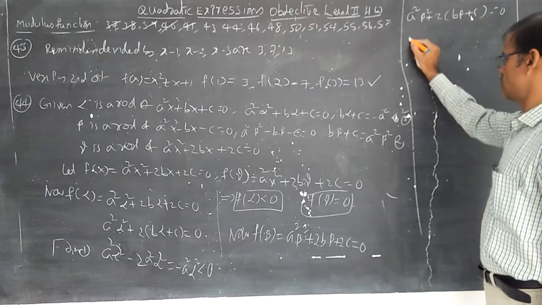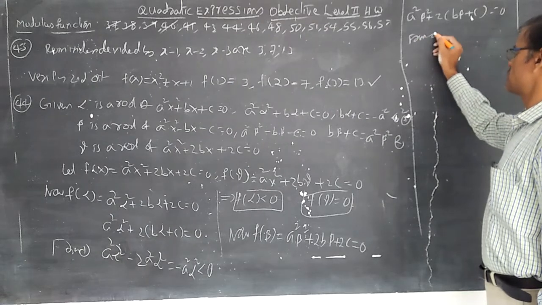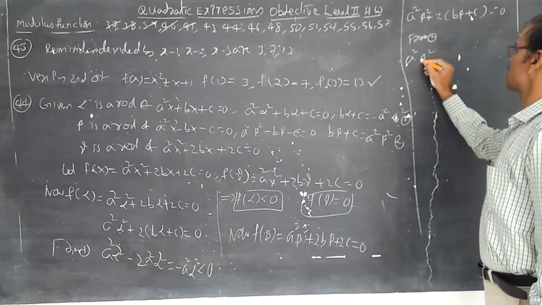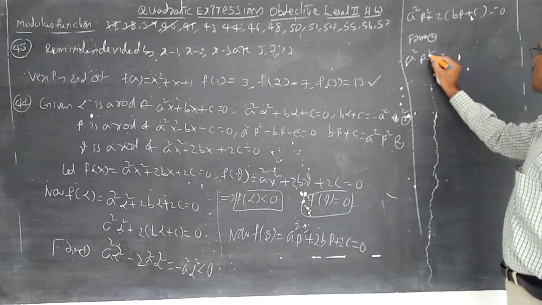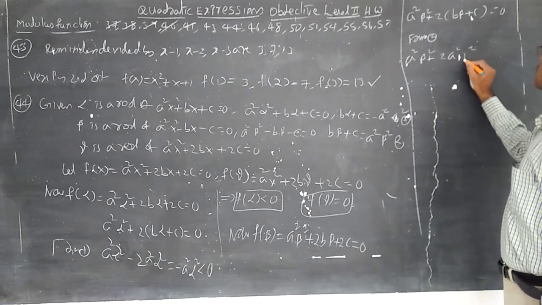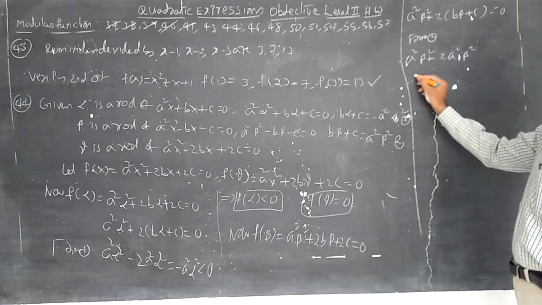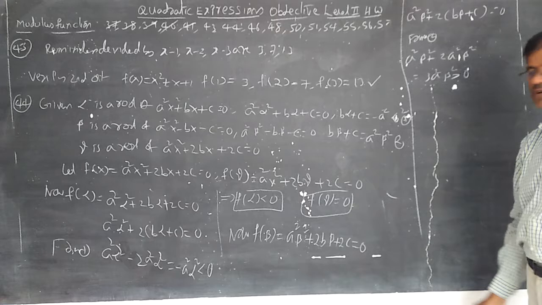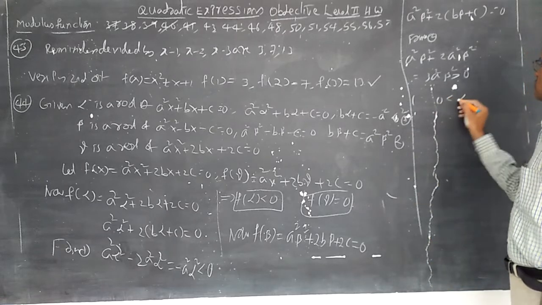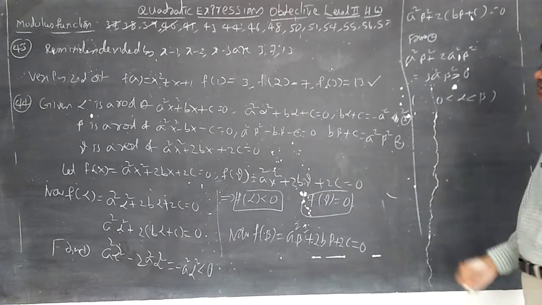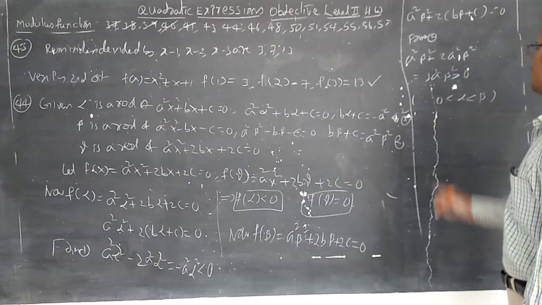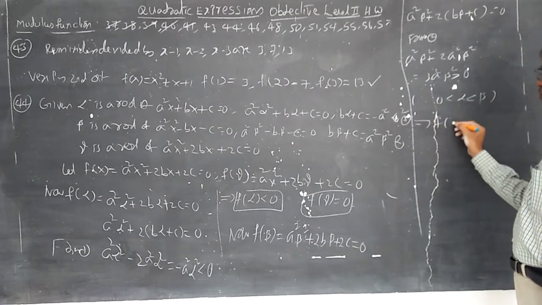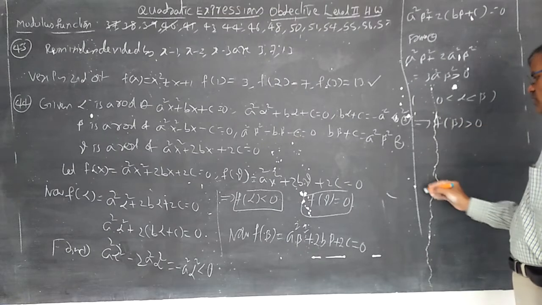From the second equation, a square beta square plus 2 times b beta plus c, you can write a square beta square, so it becomes 3 into a square beta square, absolutely greater than 0. Since 0 less than alpha less than beta, a not equal to 0 is the given condition and beta greater than 0, everything is positive. That implies we conclude here f of beta greater than 0.